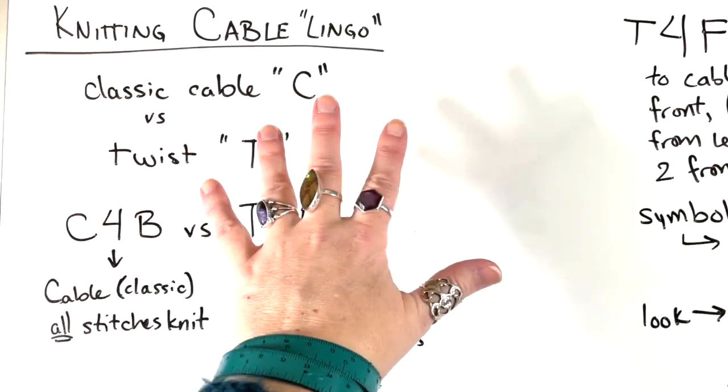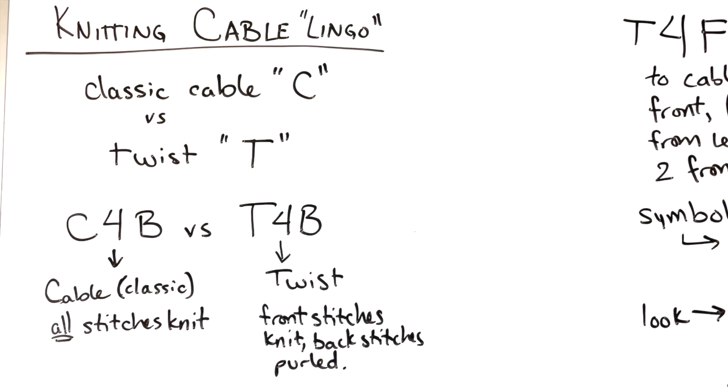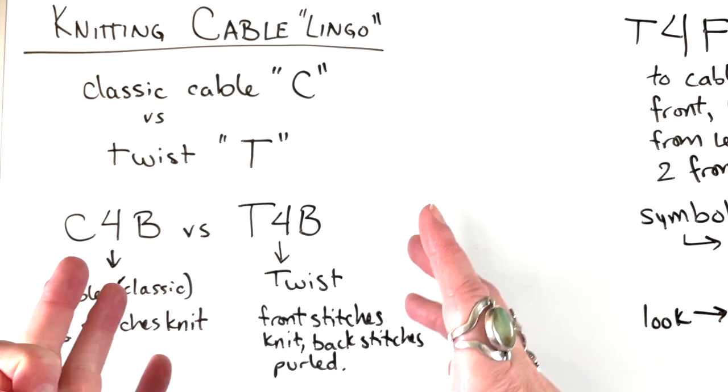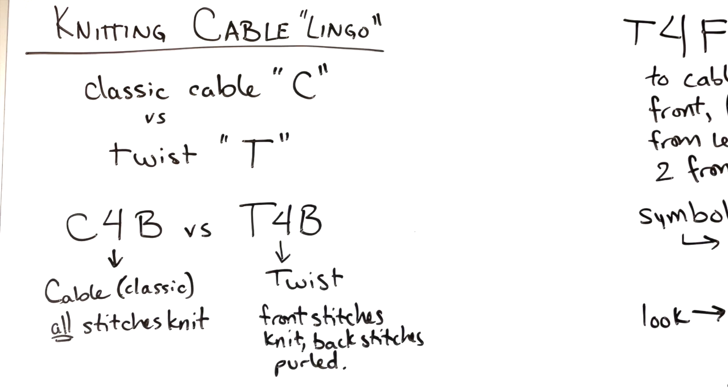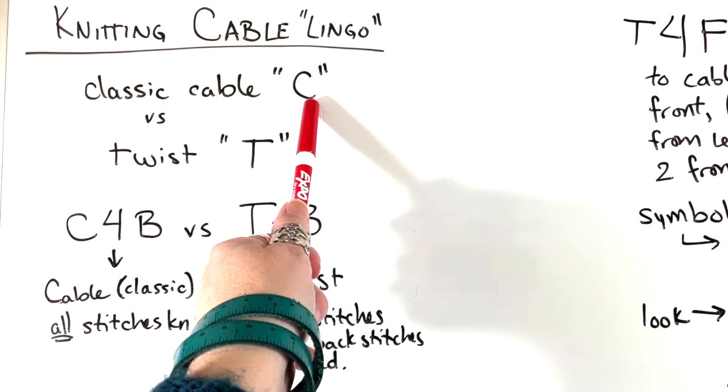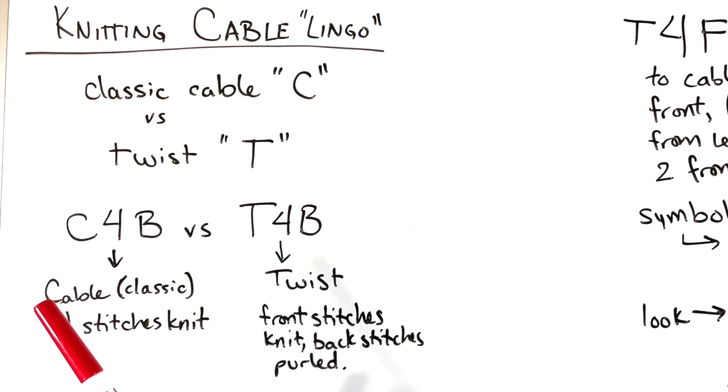So just to have in writing what I just said, we're talking about cable lingo today. And we're talking about when you see in the abbreviated lingo of a cable, a C versus a T. What are we talking about?